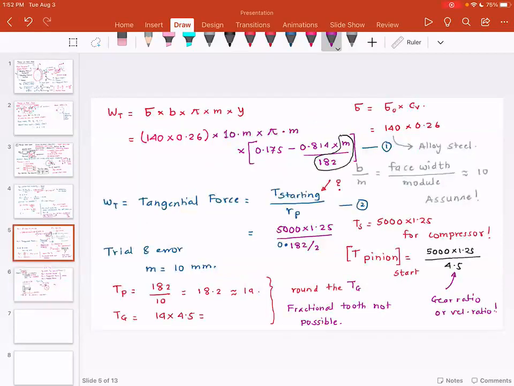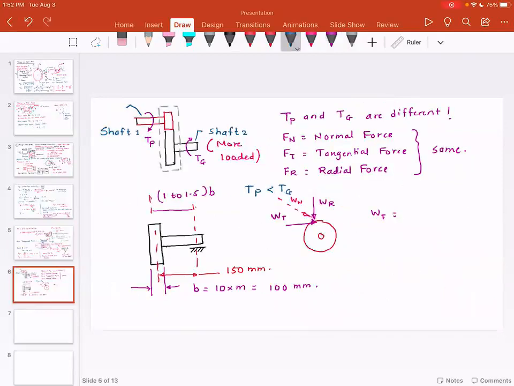WT we get from this equation: $5,000 multiplied by 1.25 divided by 182 divided by 2.